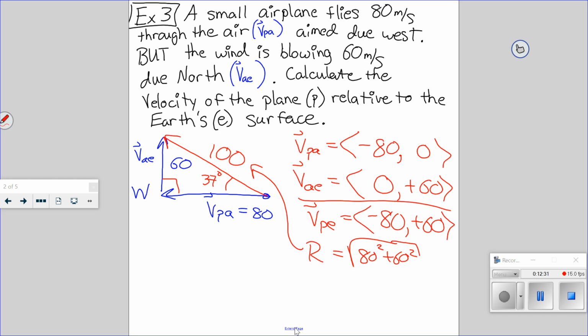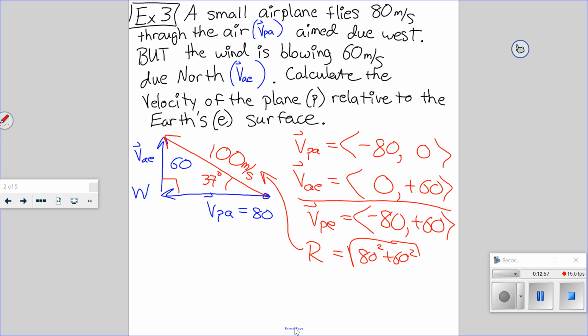That's a vector, you're done. If they ask for a vector, no problem. If they ask for the magnitude of the speed or something, then you might have to go full blast, do the Pythagorean theorem, and figure out that it's 100 on that side.